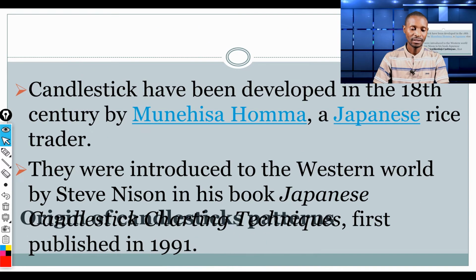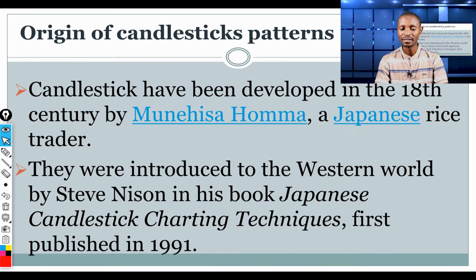Now let's see the origin of candlestick patterns. Even though it will not play an important role in your trading career, it is good that you know this information. The candlestick pattern was developed by a Japanese trader called Munehisa Homma, around the 18th century. You see that candlestick patterns are not a current technique; it has been used many years ago.